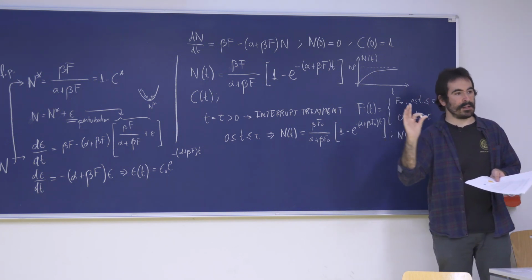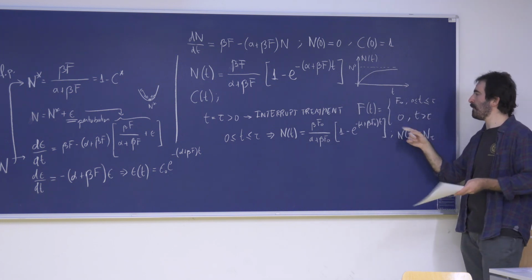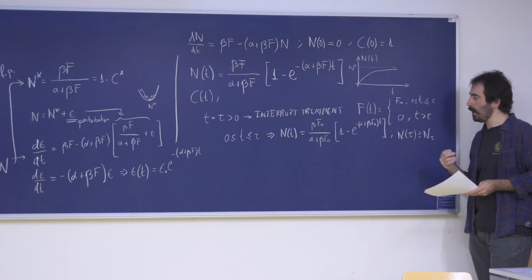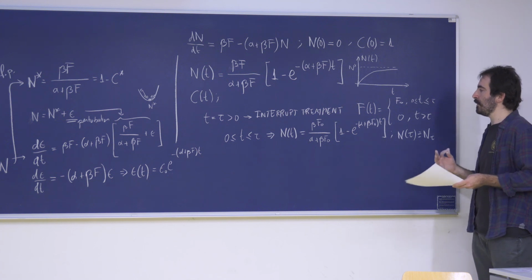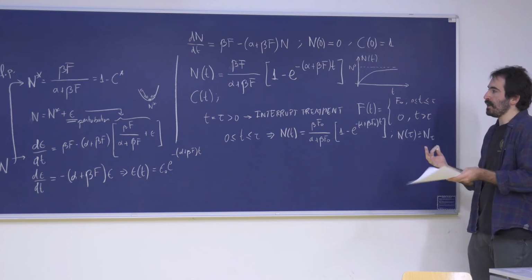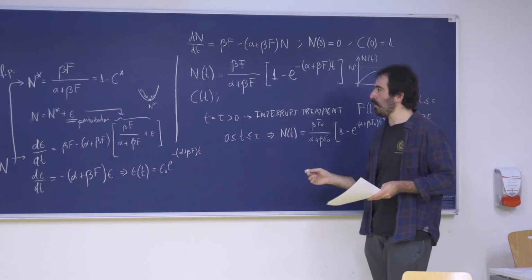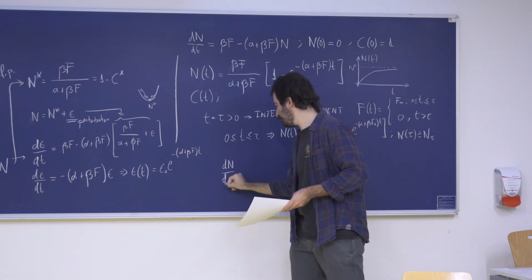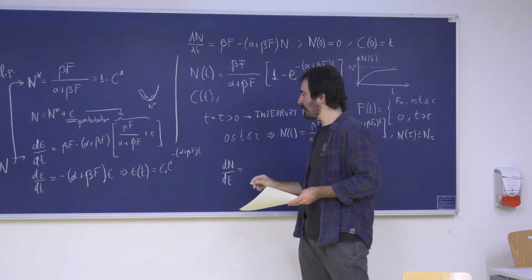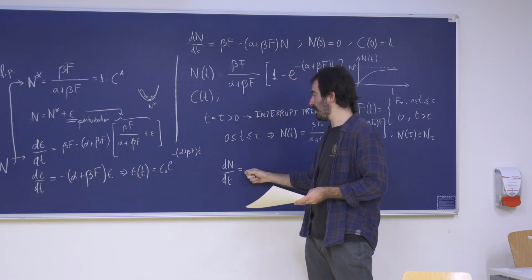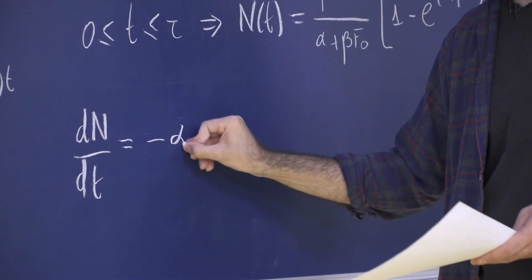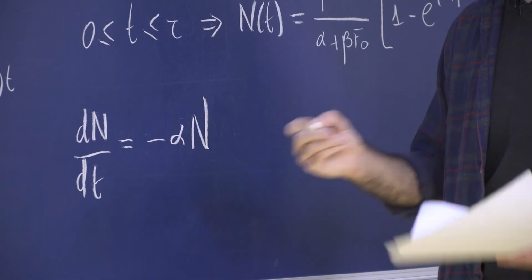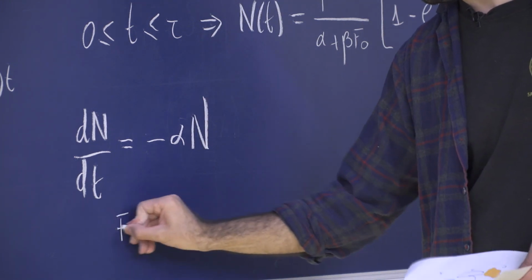So at time tau, there's no longer the direction from cancer cell to normal cell type. This has been taken away by the fact that we have interrupted the treatment. Okay, so now what does this mean for the rest of the system? Well, if we remind ourselves of the differential equation, remember that we had here beta times f times c, and then we had minus alpha n, but now f is 0.